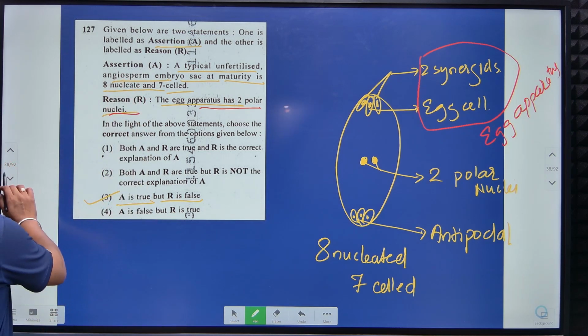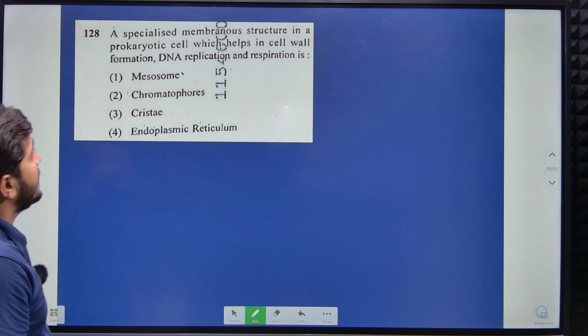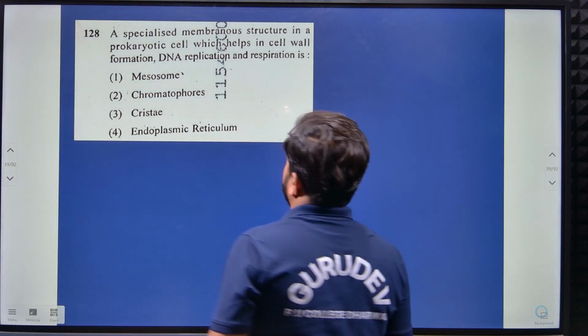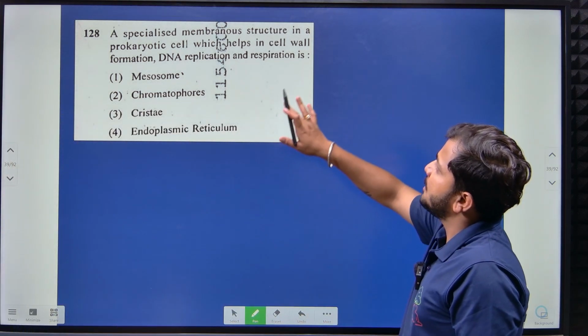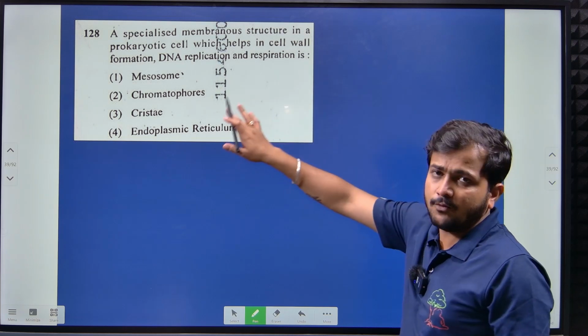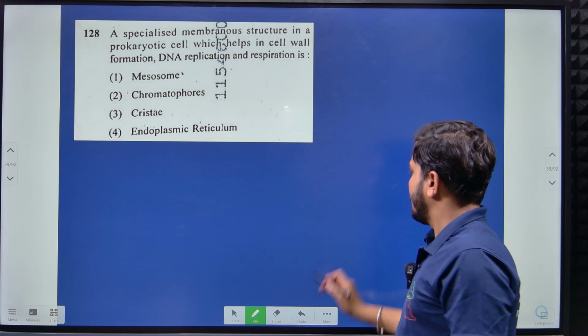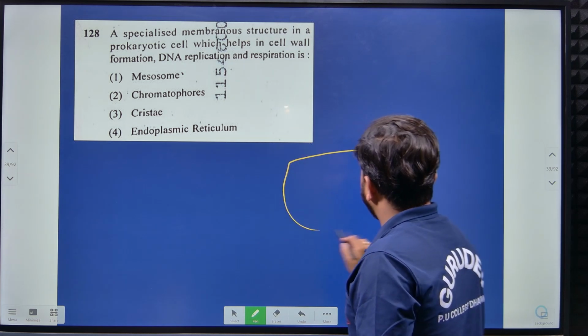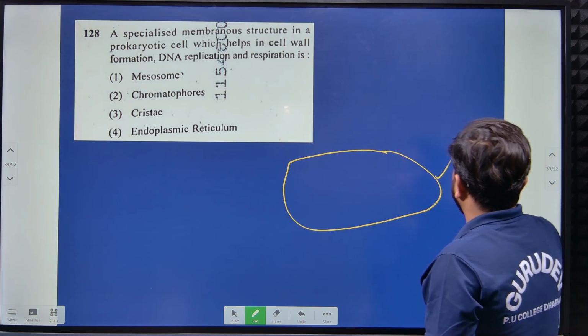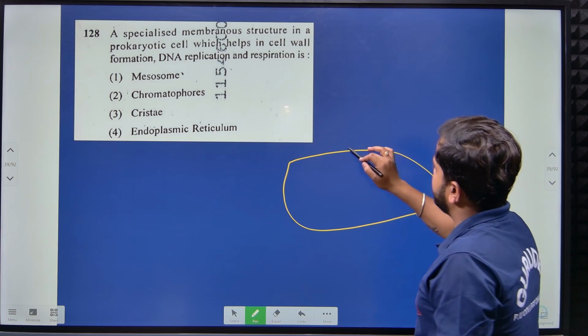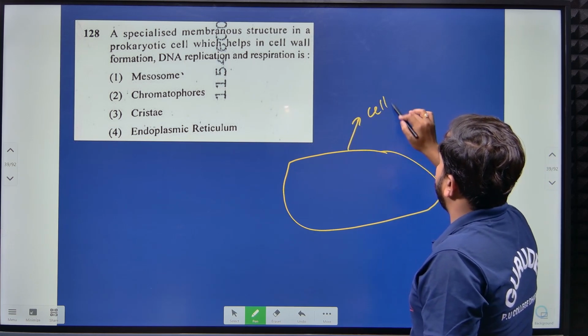Then moving on to the next. A specialized membranous structure in the prokaryotic cell which helps in cell wall formation, DNA replication and respiration. If I consider a bacterial cell, with a flagella, the outermost layer we are going to call the cell wall.